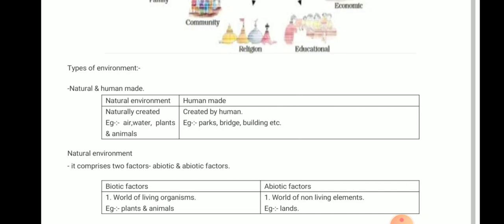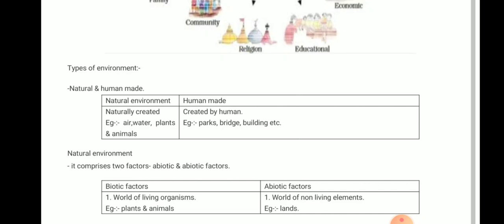Now the next topic is two factors of natural environment. Basically there are two factors of natural environment. First one is biotic factor and second one is abiotic factor. Biotic factor means the living components of an ecosystem, for example all living things like plants and animals.